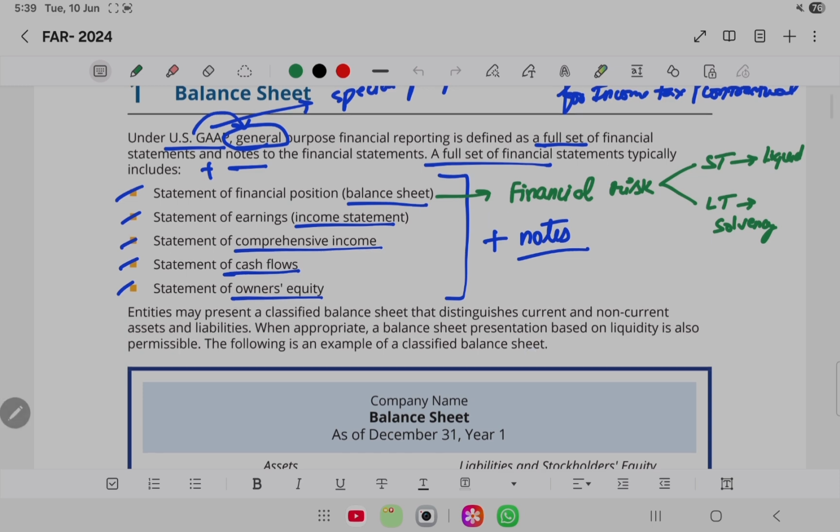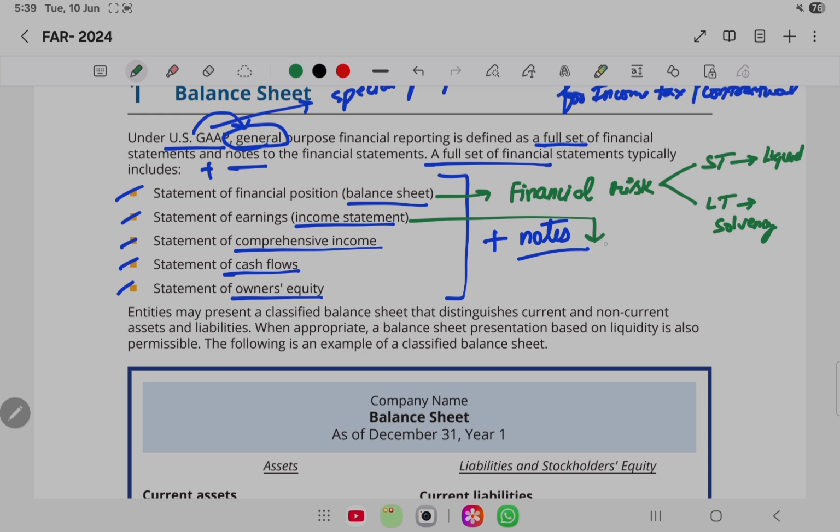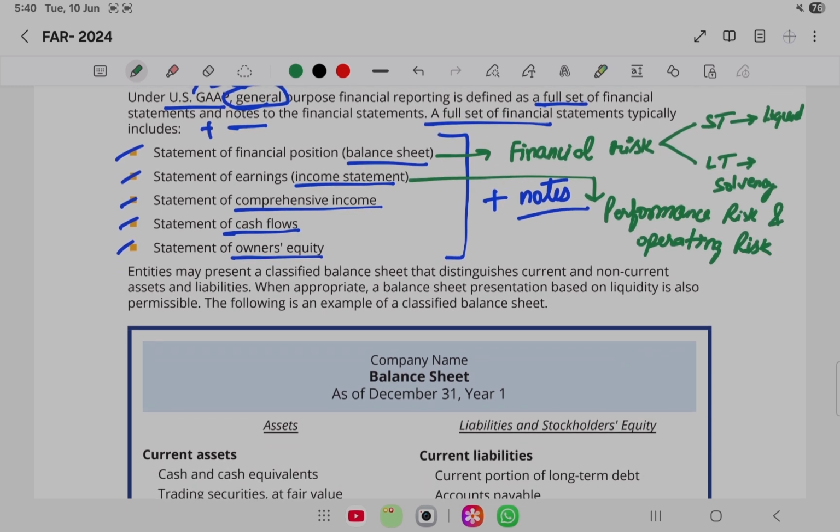What is the income statement? The income statement helps us analyze the performance, risk, and operating risk. A financial analyst looks at sales over a period, calculates average sales, then finds the standard deviation from the average sales. This tells us the volatility of the sales.